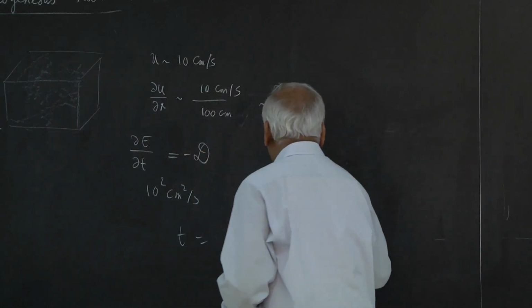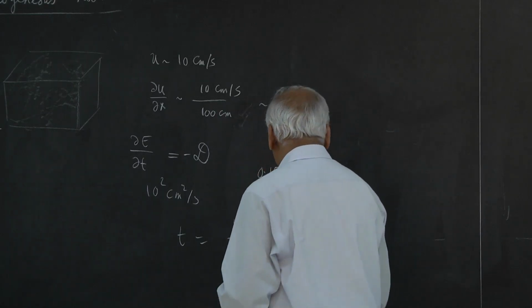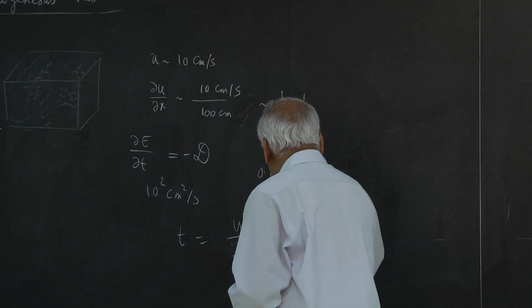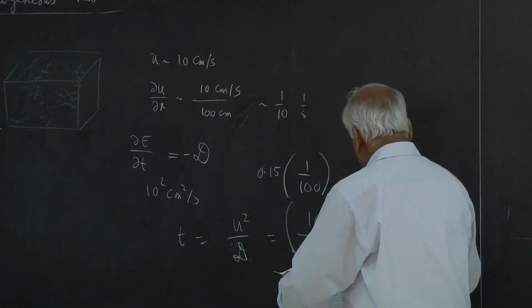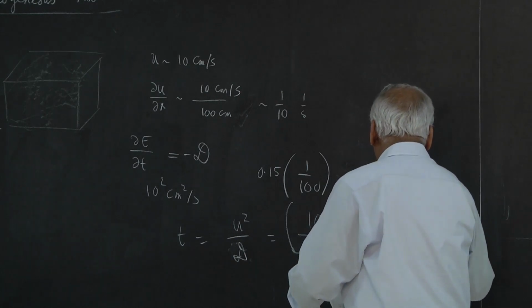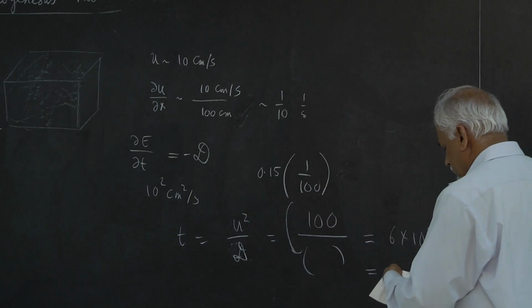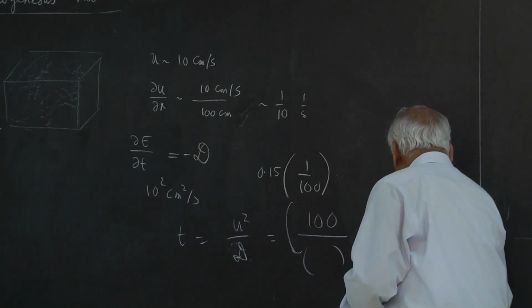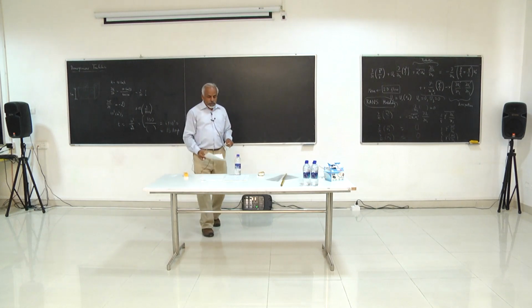And this is 100 here and whatever I have here, which is some number. If I do that, I get something like 6 times 10 to the power 5 seconds. And when I was still asleep, I calculated that it is something like 10 days. Now, that of course is nonsense, right?